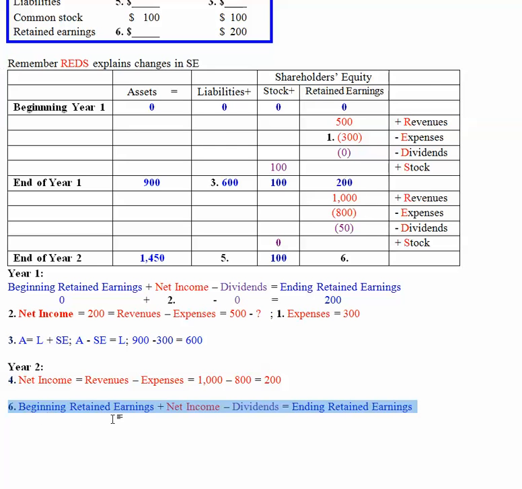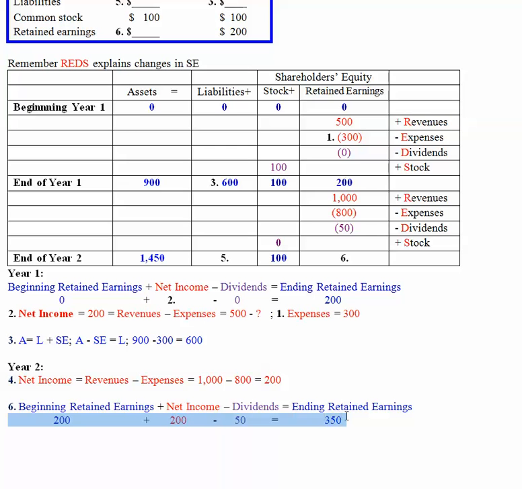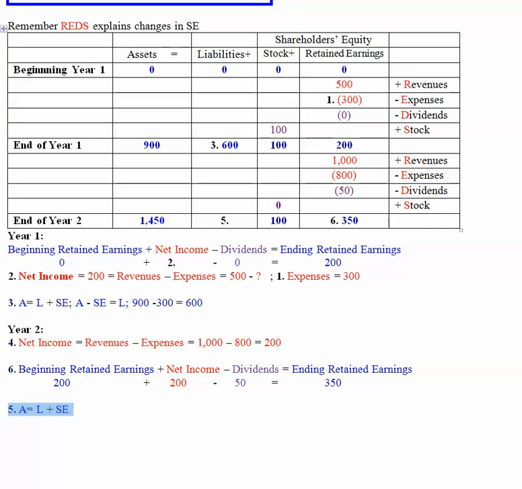So when you take your beginning retained earnings of 200 plus your net income of 200 minus your 50 equals your ending retained earnings, and that is 350. So once you plug in your 350 here, we now can solve for liabilities similarly to how we did it in year 1. So we rearrange the accounting equation, and our liabilities must have been $1,000.